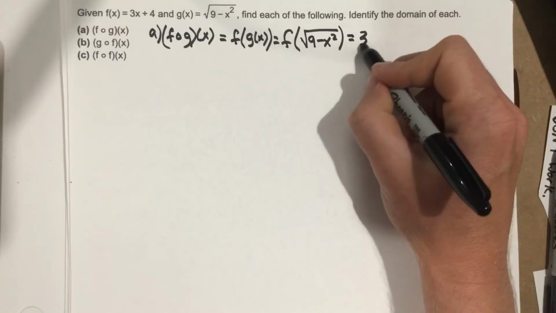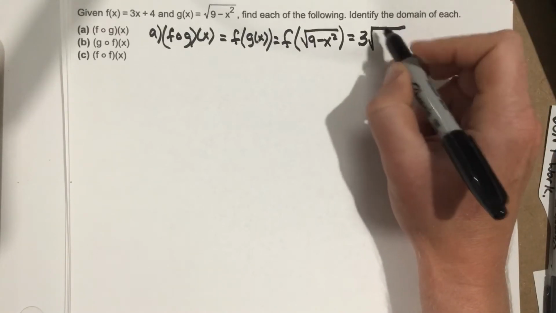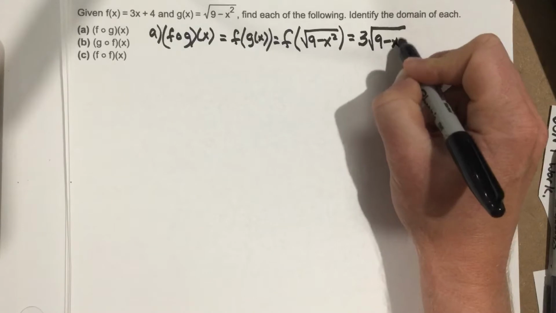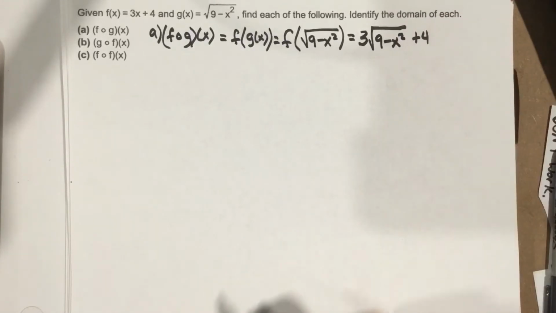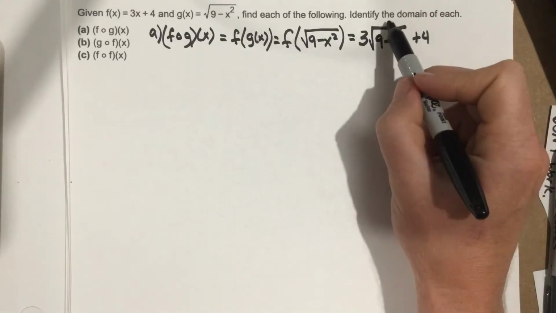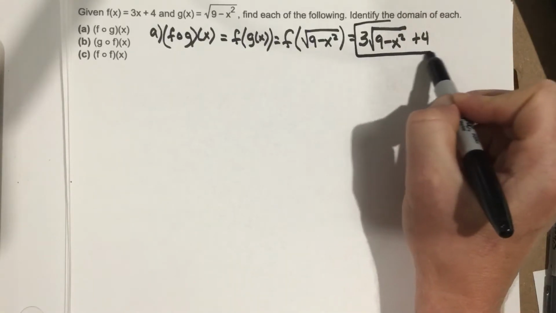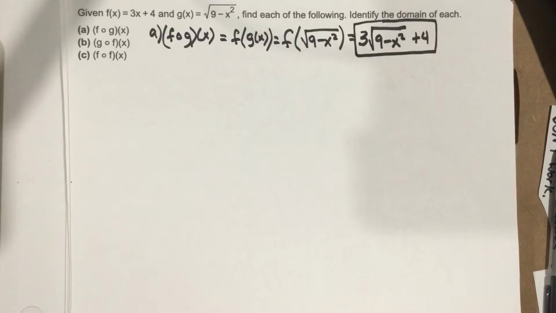So we get 3 root 9 minus x squared plus 4. So our expression is this here for f of g of x.